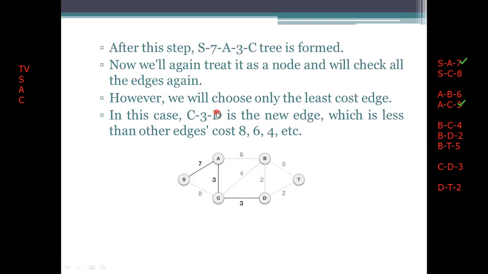Okay. Coming to the C. At this C, we need to see what is the low cost one here. C is having only one edge, C to D here, which has the value 3.